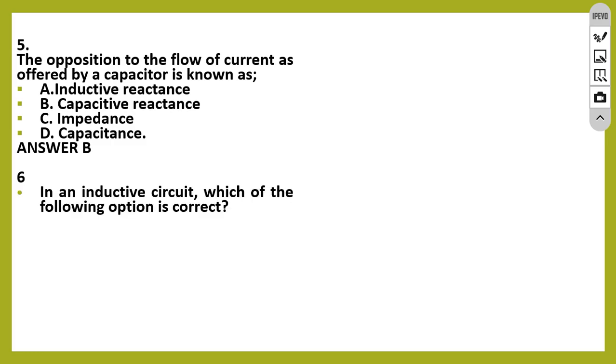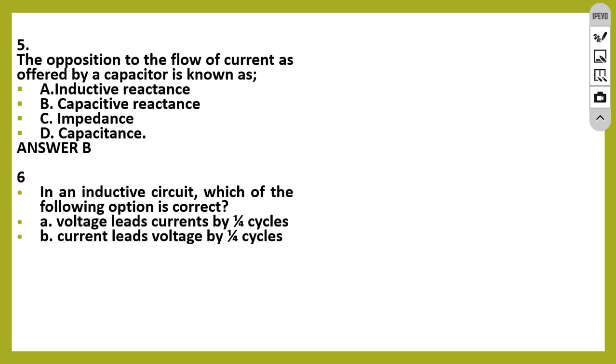Next question. In an inductive circuit, which of the following options is correct? A. Voltage leads current by 1/4 cycles. B. Current leads voltage by 1/4 cycles.